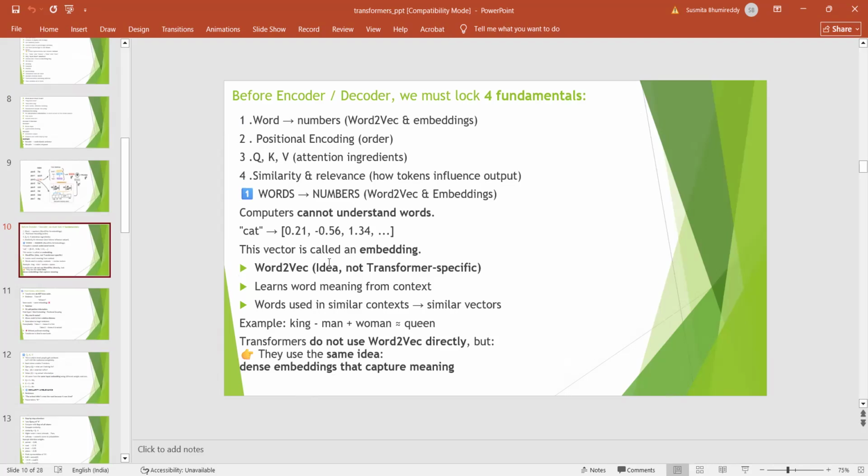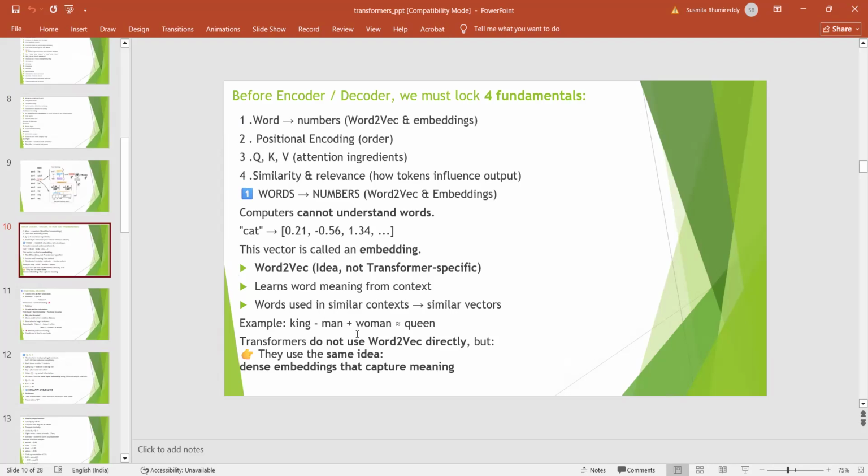If we see a word we can understand it, like it's just a cat, but the computer doesn't understand, right? So by seeing that number it can know that it is a cat. So yes, it learns word meaning from context. By using these numbers it can learn what that word means, and words used in similar contexts have similar vectors.